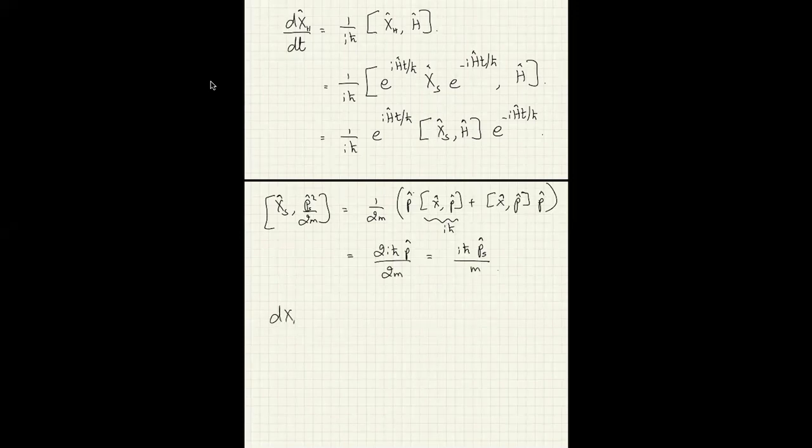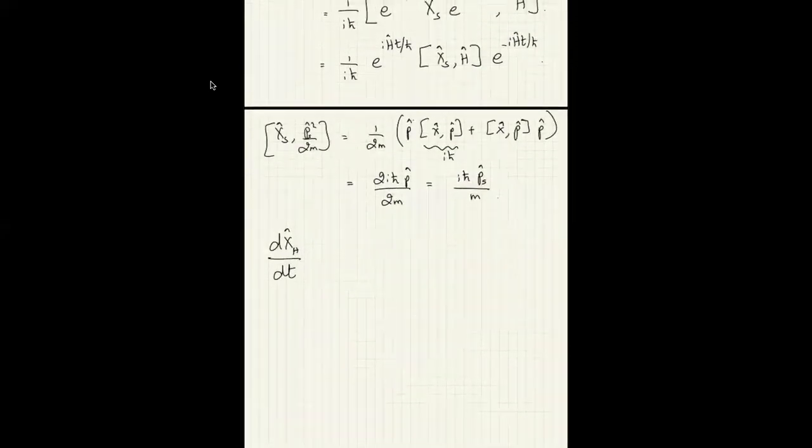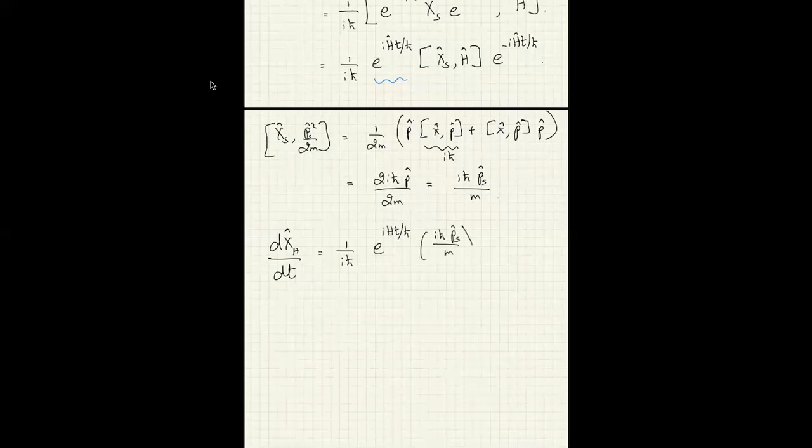So the time evolution of the X operator in the Heisenberg picture is given by 1 over iħ e^(iHt/ħ), this term, times the commutator, which is iħ p_Schrodinger over m, and this term e^(-iHt/ħ). The iħ cancels, and the 1 over m can be pulled outside.